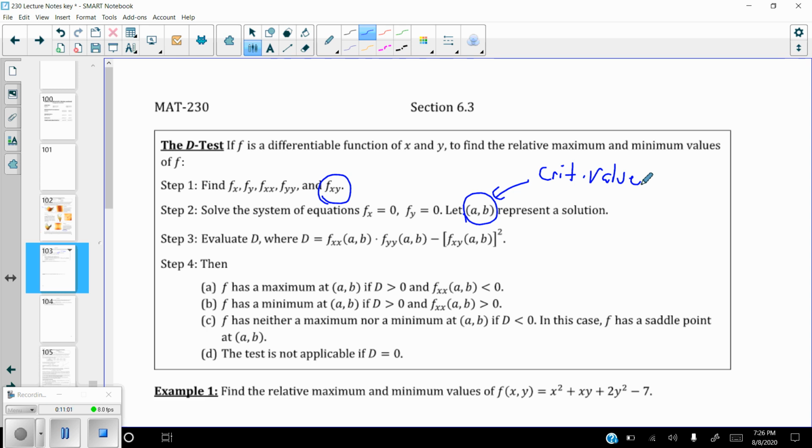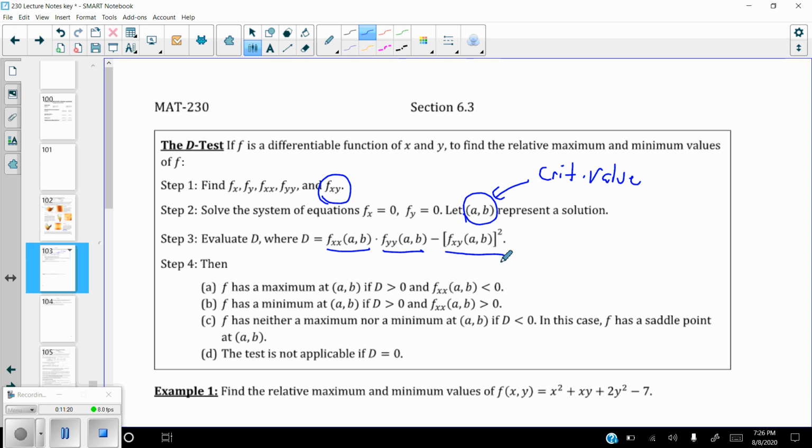Then you're going to evaluate this D at the critical value. What D is, is the second partial with respect to x times the second partial with respect to y, minus the partial of f of xy squared, so times itself, basically.